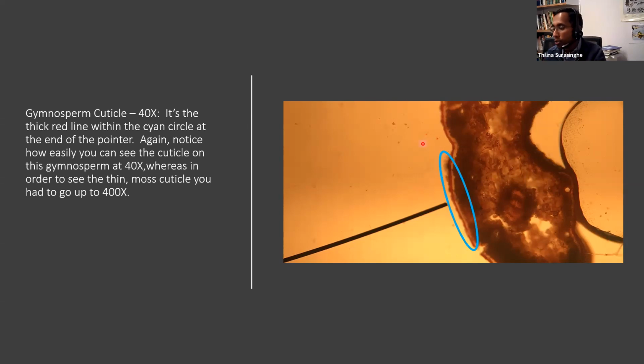Maybe it's not unique to mosses. It's not unique to all land plants. Oh, well, it is unique to all land plants. It's not unique to all non-vascular plants. But if you want to mention something unique about the cuticle of non-vascular plants, you can mention they have the thinnest cuticle of all land plants.